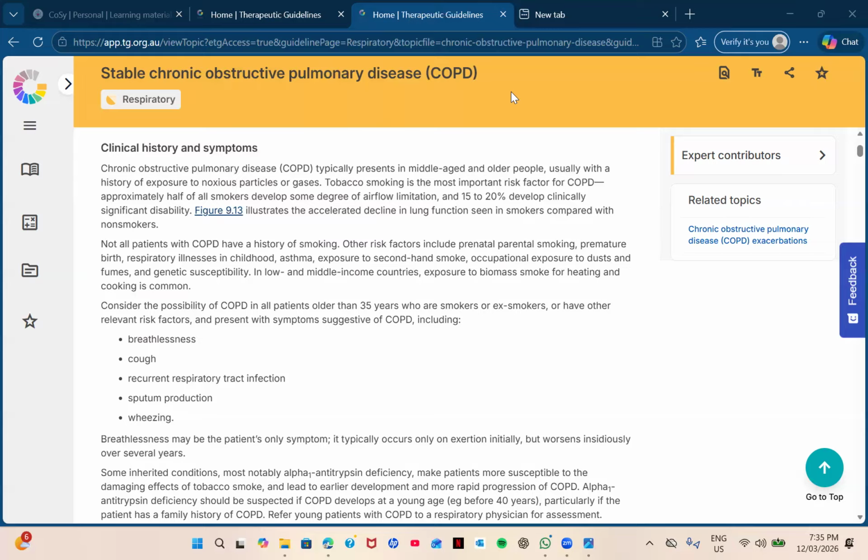Do you remember? Do you remember or not? I have explained. A means asthma, right? B means bronchiectasis, right? C means COPD, right? Yeah, so please remember, okay, not bronchitis, bronchiectasis, okay?